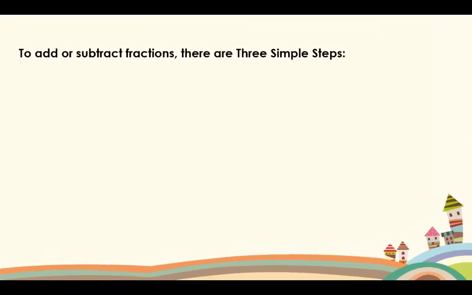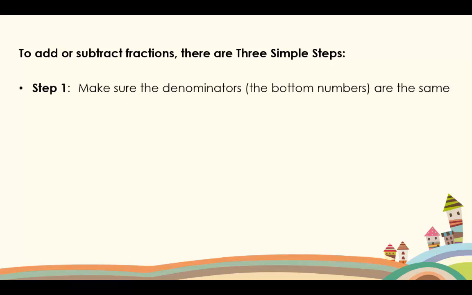There are 3 simple steps to add or subtract unlike fractions. First, you have to make sure the denominators, or the bottom numbers, are the same. You can use equivalent fractions to make equal denominators. This is the connection I was asking about in the Scholar application.